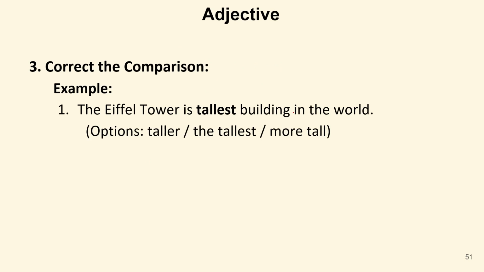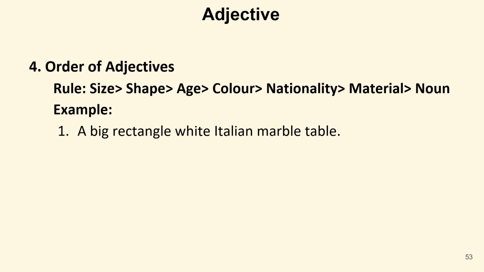The Eiffel Tower is tallest building in the world. Now correct the comparison. Here the tallest should come, because before every superlative degree we always use the, and it is compared with all the buildings in the world. That is why we have to use the superlative degree of the adjective.